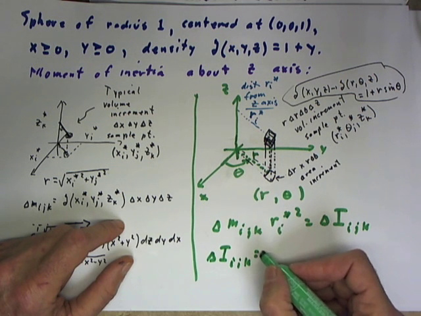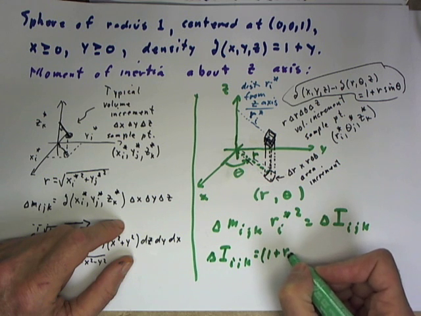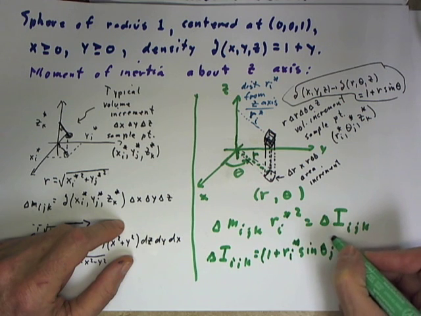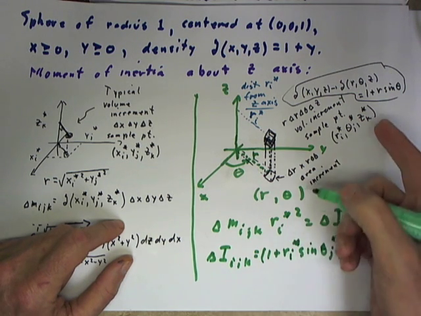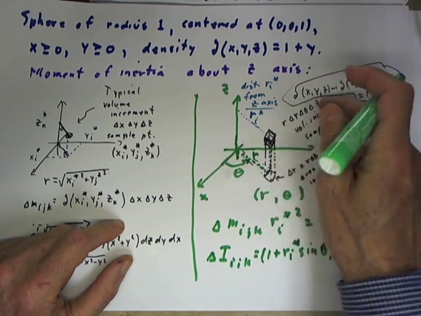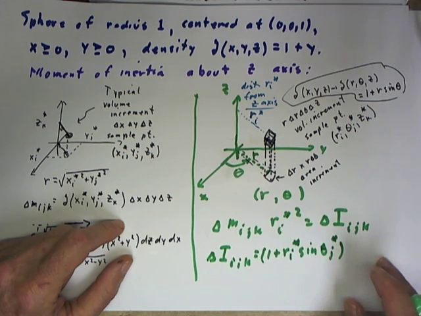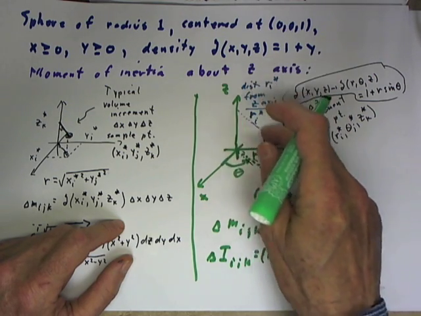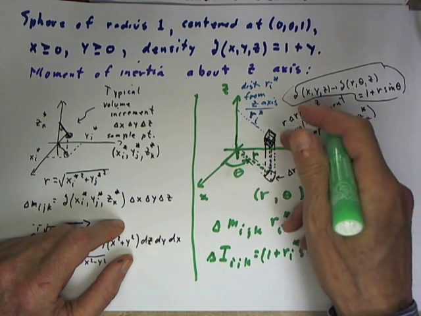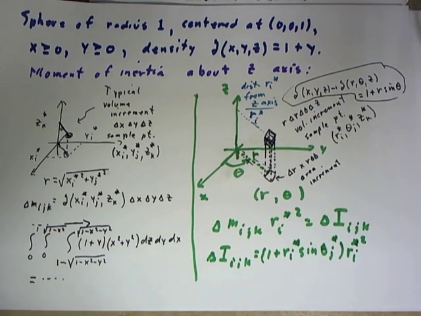That's going to be 1 plus ri star sine theta j star, multiplied by our volume increment, and that would give us our mass, and then we're multiplying that by our distance squared, which is just ri star squared, and then that's times our volume increment, which is r delta theta delta z.